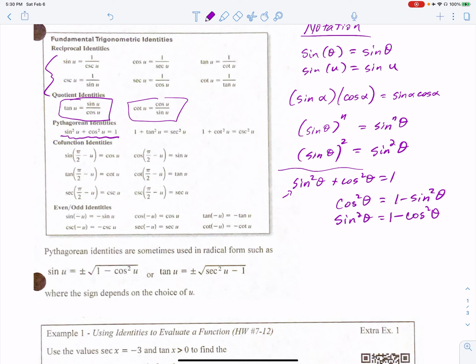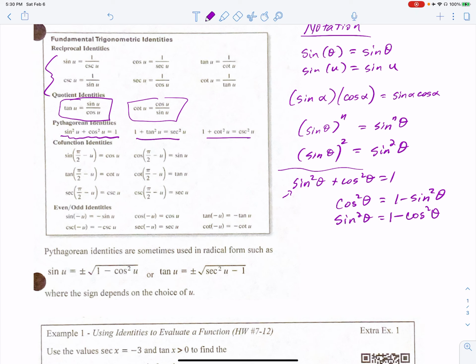We could even replace 1 with sine squared plus cosine squared. These are identities, meaning if they're equal, I can replace one side with the other side. And then we can do the same kind of thing with these other two Pythagorean identities.